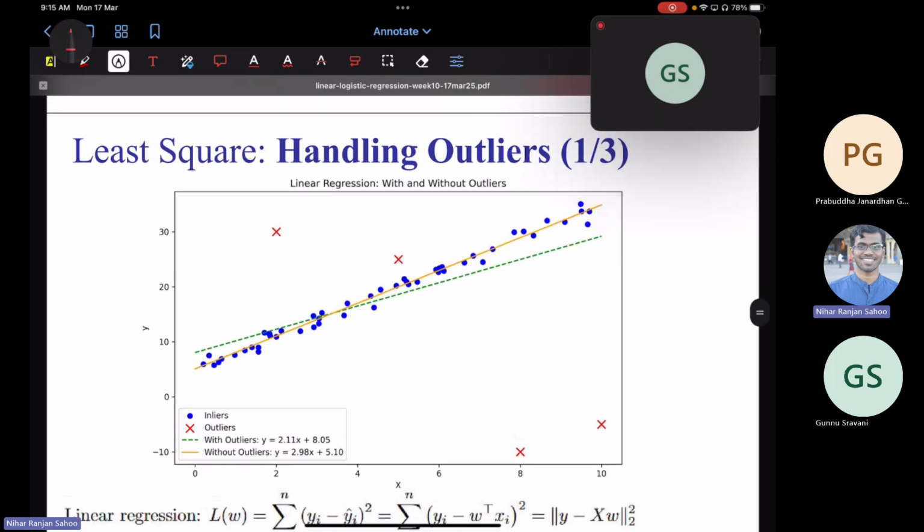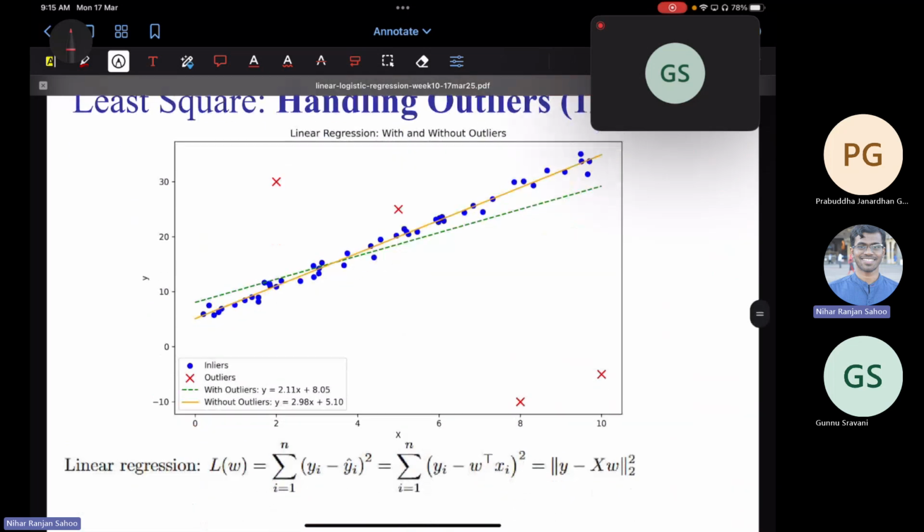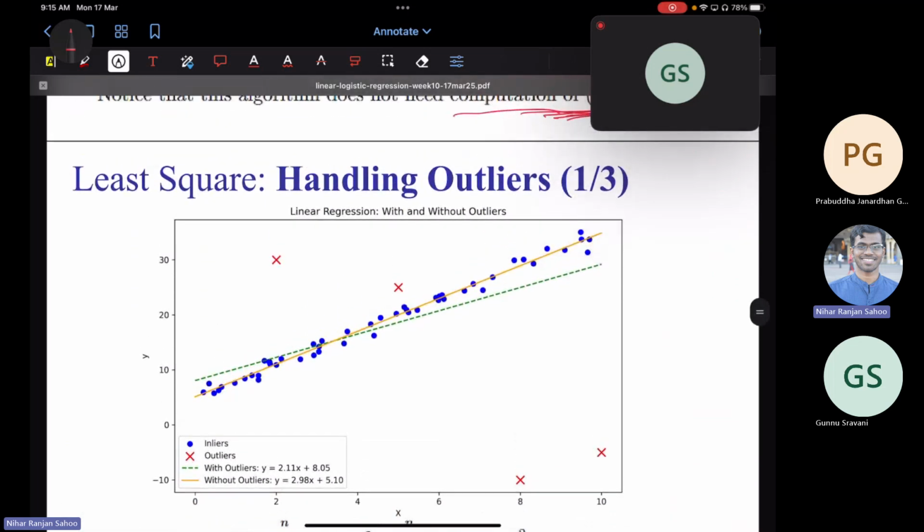We saw the approach for tackling outliers in SVM, by incorporating Lagrangian. Something exactly similar we'll do here. Before that, let's understand what happens to the ordinary least squares regression solution if we don't employ any fancy mathematics.